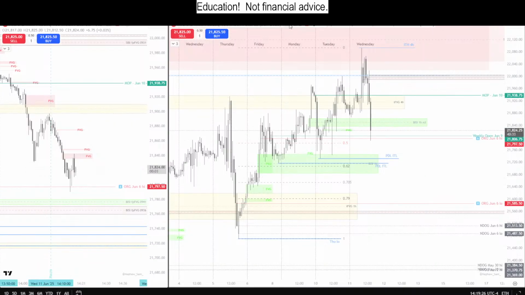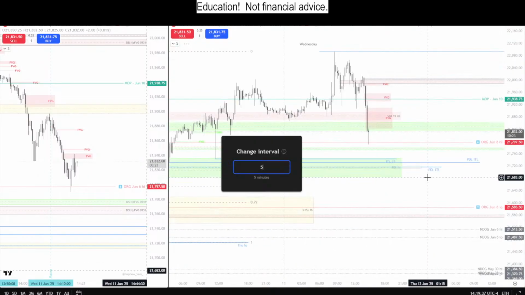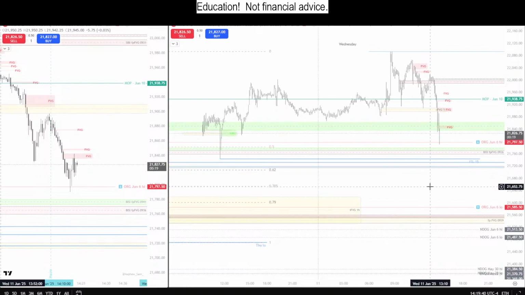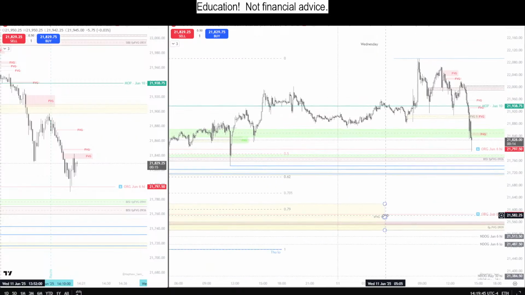So what are we in the hourly here? This is quite a nice amount of movement. But if we were to keep going, that's quite a big move without retracement. I've seen bigger moves without retracement.